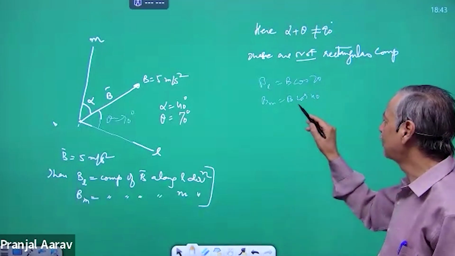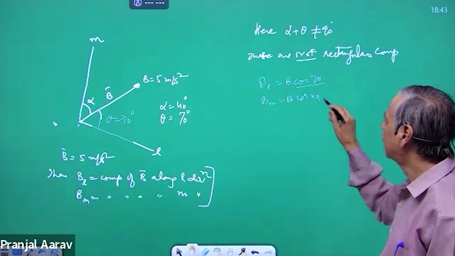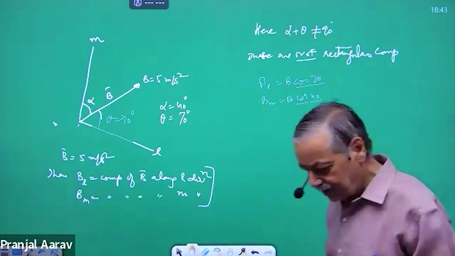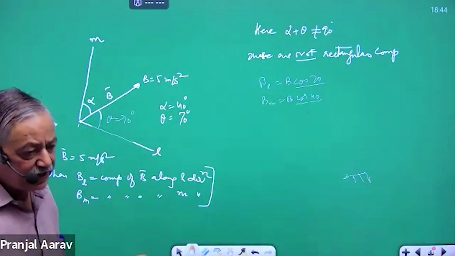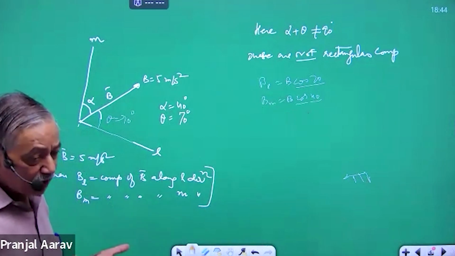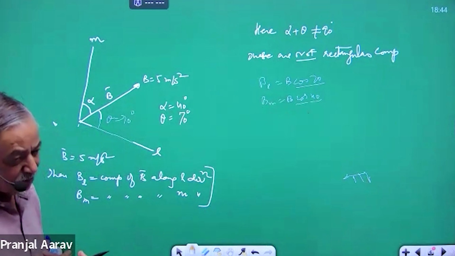I'll put the value of cos 40 and the value of cos 70. So remember, you can get components in any two directions, but it is not necessary that the components will be rectangular components.